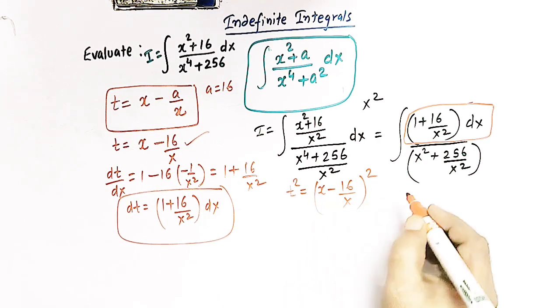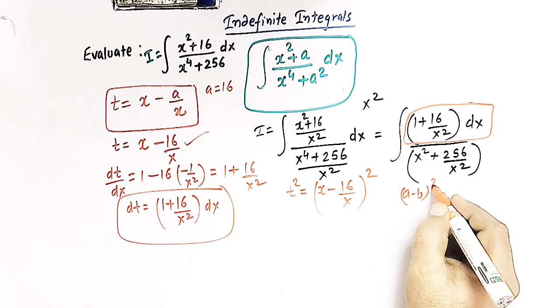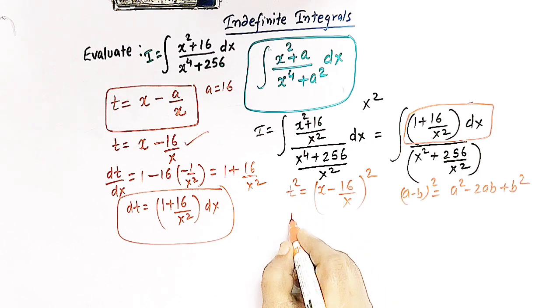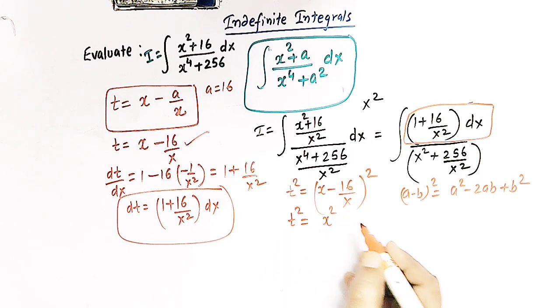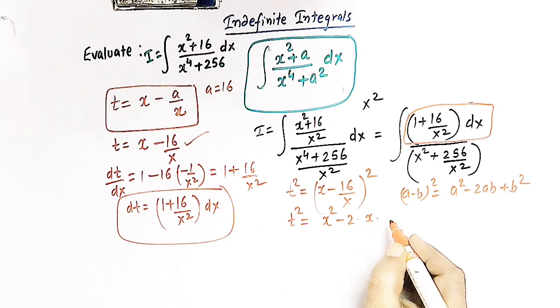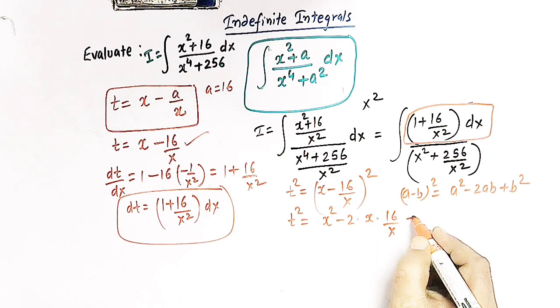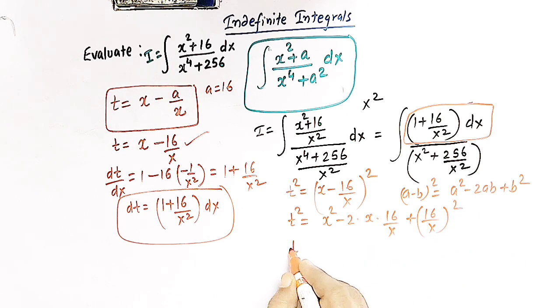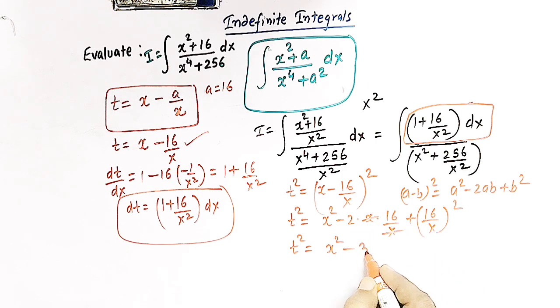Now taking the help of this identity, that is (a minus b) square is equal to a square minus 2ab plus b square, we can now write t square is equal to x square minus 2 times x times 16 over x, plus 16 over x square. So we can now write t square is equal to x square minus, here x and x get cancelled, so we are left with 2 times 16 is 32, and plus 16 square is 256 divided by x square.